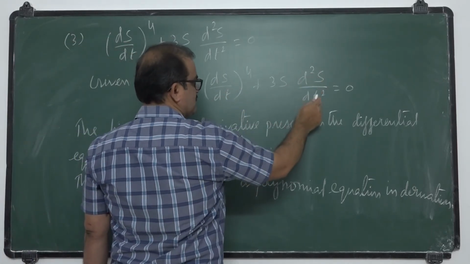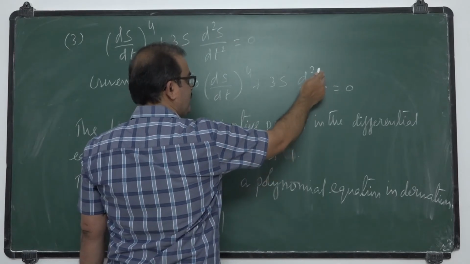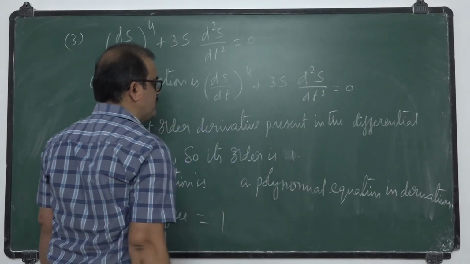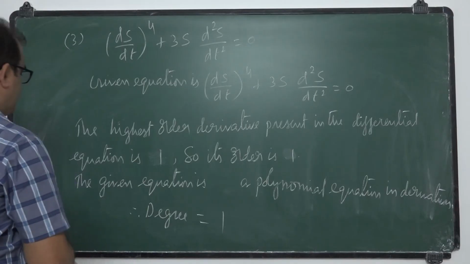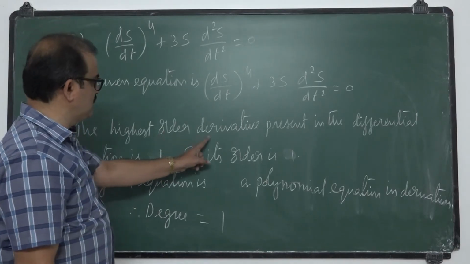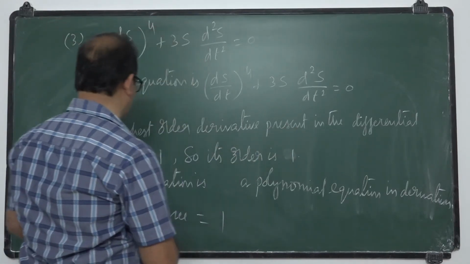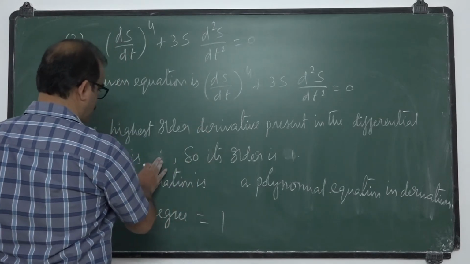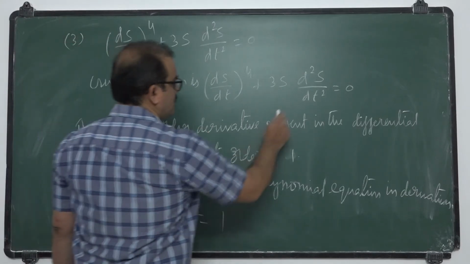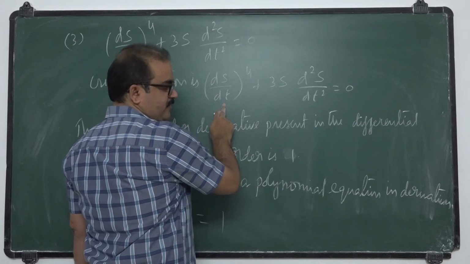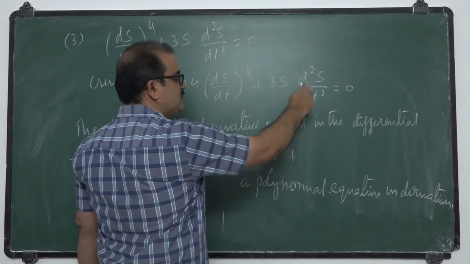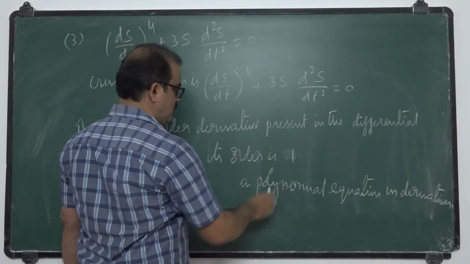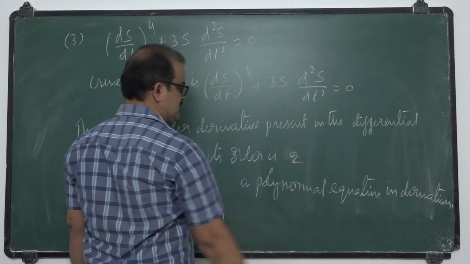What is d square s by dt square? The second derivative of s with respect to t. Say here, what is the highest order derivative present in the differential equation? That is 2. It is first order derivative, it is second order derivative. So order of the differential equation is 2.